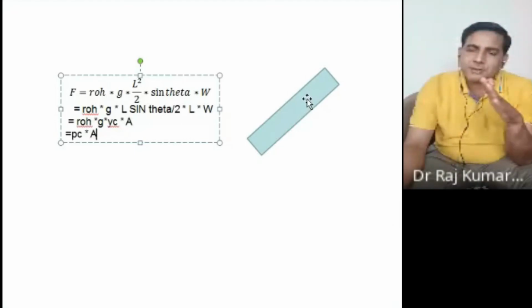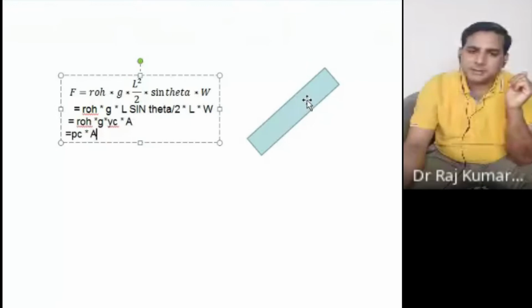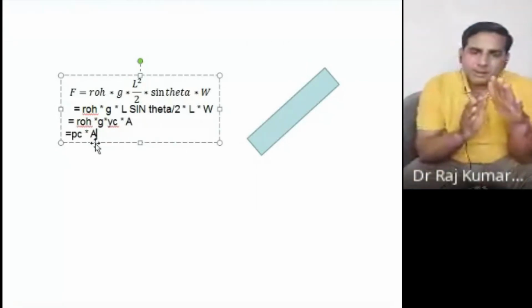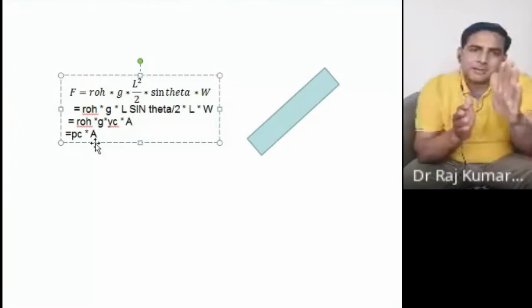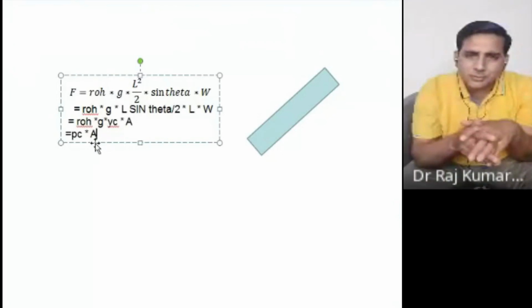So this is not the projected area. Now the area has come here. This area is neither this side, nor this side, nor this side. This is the area of this entire particular gate only. Fine?